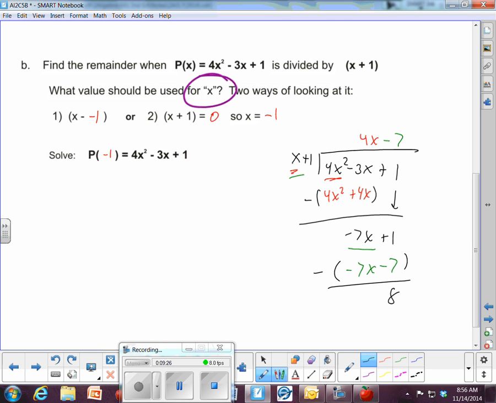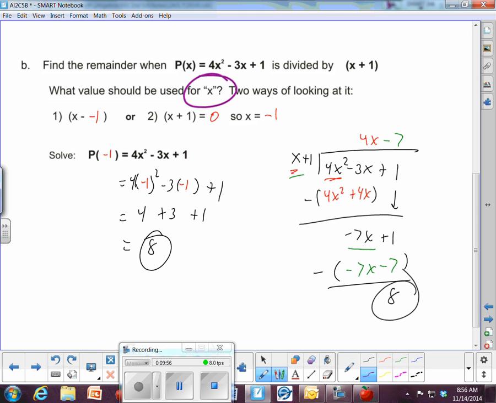I got an 8. Your remainder is 8. So if you did it the remainder theorem way, you got a negative 1 there and a negative 1 there. Negative 1 squared is 1. 1 times 4 is 4. Negative times a negative is a positive. And sure enough, 8 is the remainder. And again, on the proof side, 8 is the remainder.